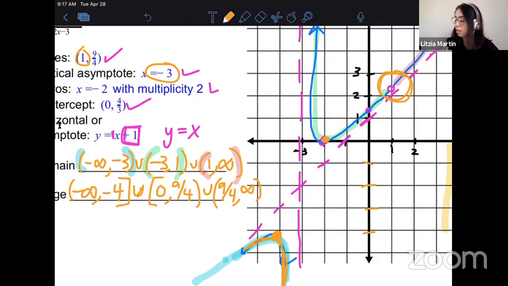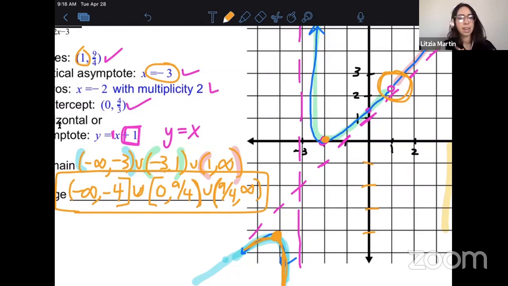So this would have to be our range here. We have that little chunk missing between -4 and 0, but the hole, we're only skipping over 9/4. So that's why we have these open brackets there. And it's 9/4 and 9/4.